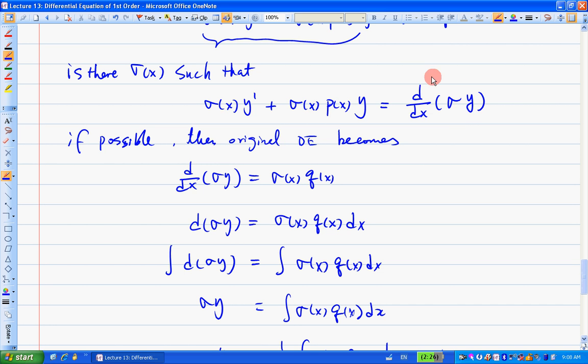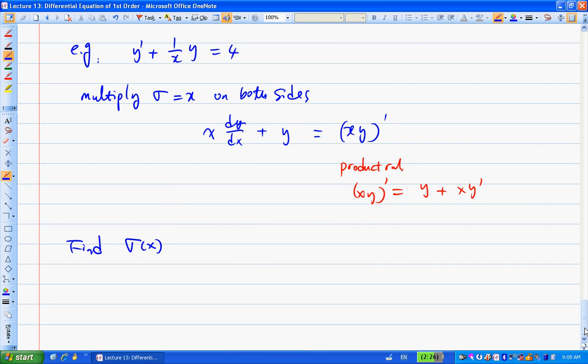So let's start from the right side and look at what sigma y gives us. Sigma is a function of x, and y is also a function of x.